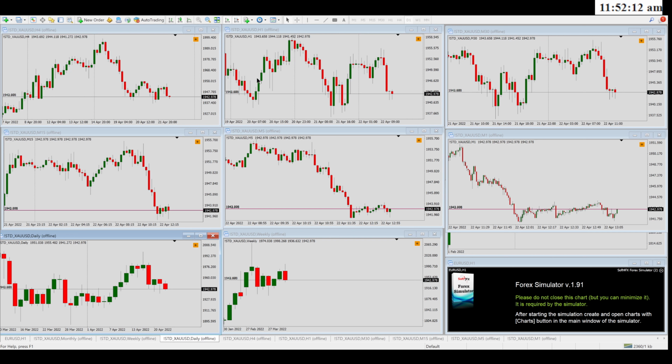And there is another point. In H4 we were consolidating from the previous 3 days, so maybe I was anticipating that this range will continue to hold and we will continue to range.